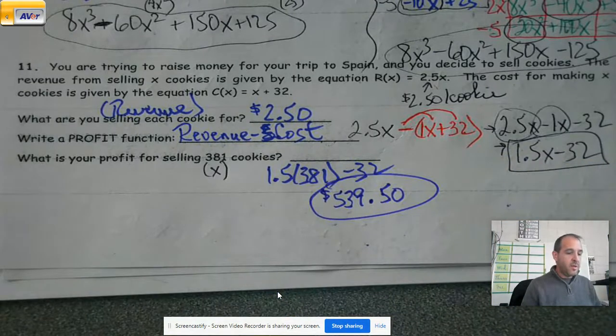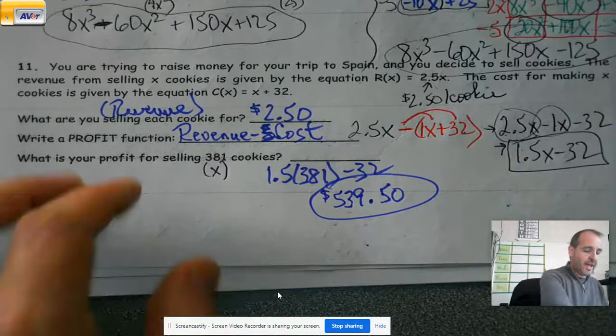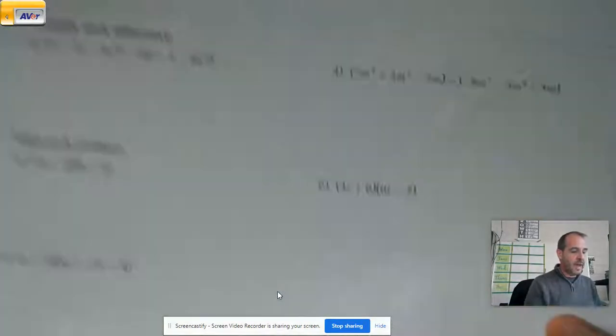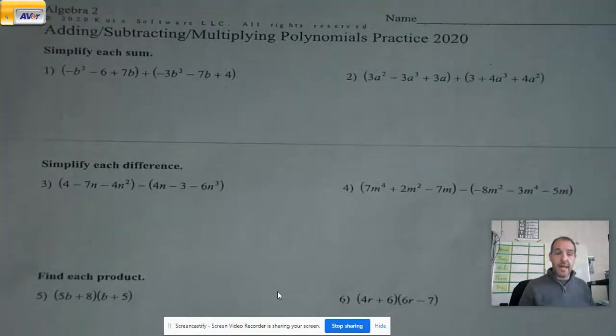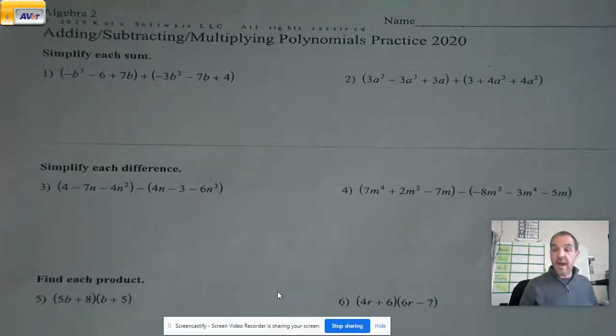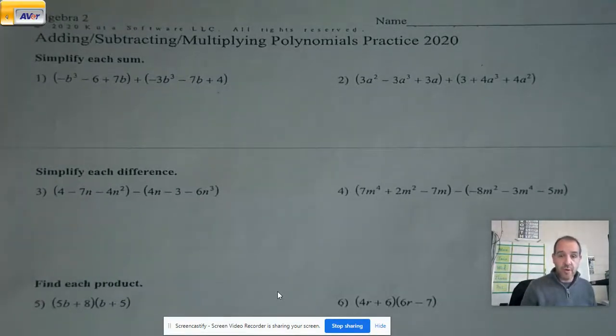Okay, so your first job with this stuff, if you take a look at your tracker and you're starting to look ahead a little bit, is to be working on some of this paper and pencil practice. Again, there's a key right on the Google Classroom. If you don't have the ability to do every single one, maybe you do all the evens or all the odds, then check your work.